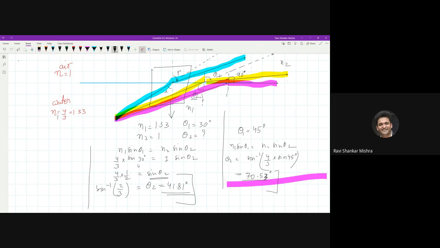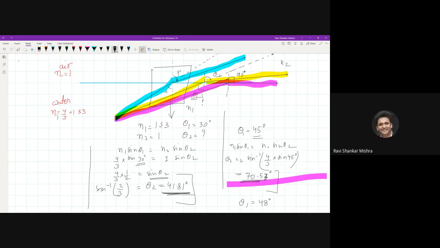So here you see when you kept theta as 30, you got 40, right? When you kept 45, you got 70, right? Now I am increasing it to 48. Theta 1 is 48 degrees. Now what I'll do? 4 by 3 multiplied by sine 48, sine inverse, right?